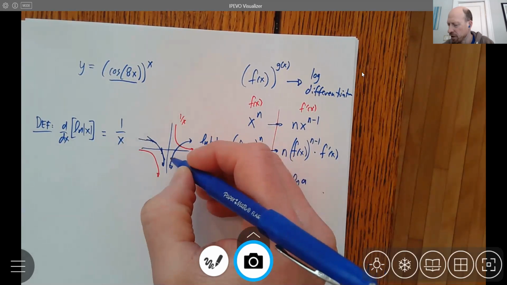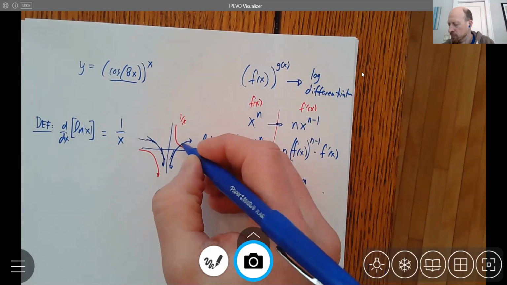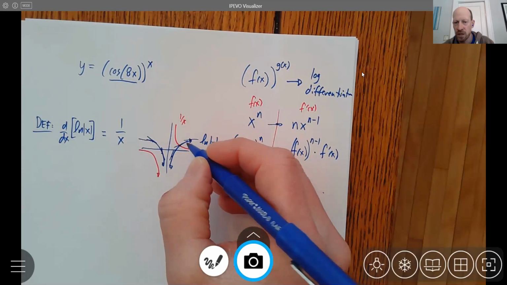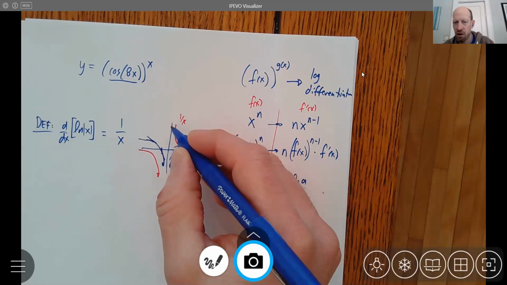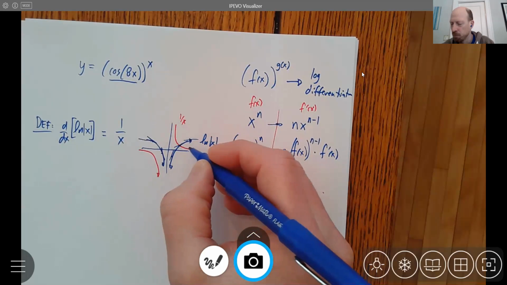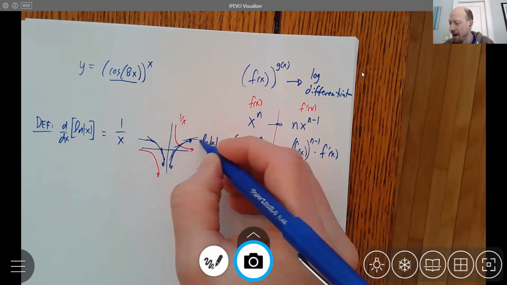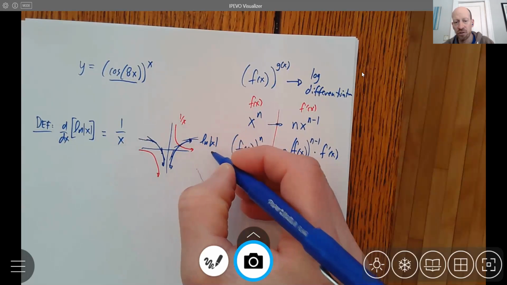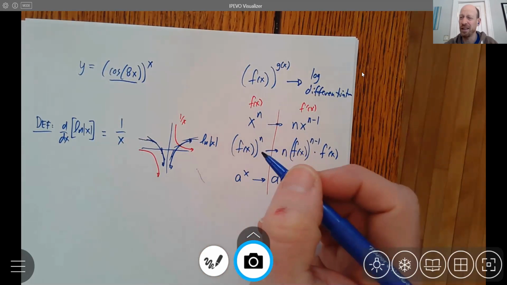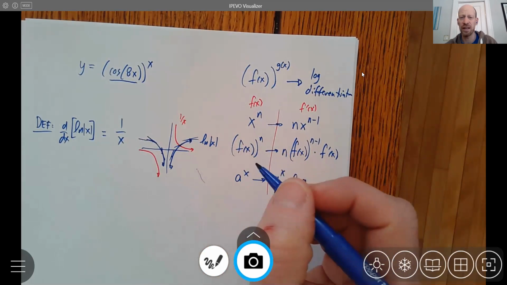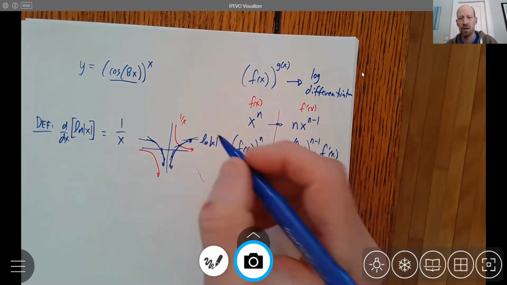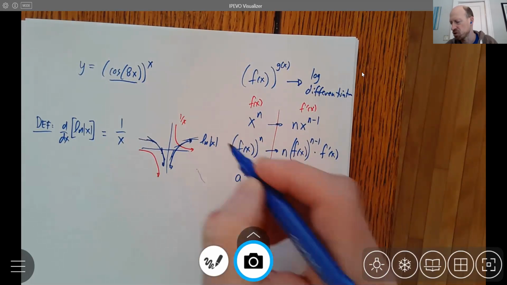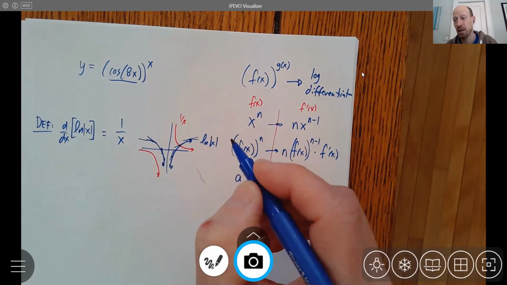On this other half, all of the slopes are positive, and notice the y values here are all positive at every point. The slopes here are getting flatter and flatter and closer to 0, and notice the y values here are getting closer and closer to 0. So visually, this is no proof, but visually it certainly seems plausible that 1 over x is the derivative of the natural log of x. There's nothing here to say it couldn't be.